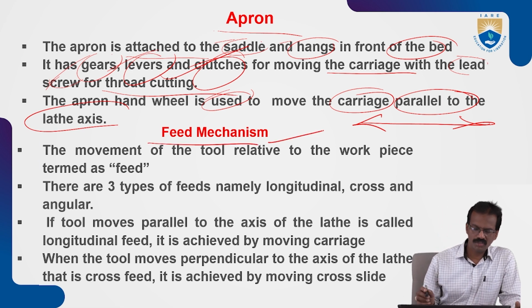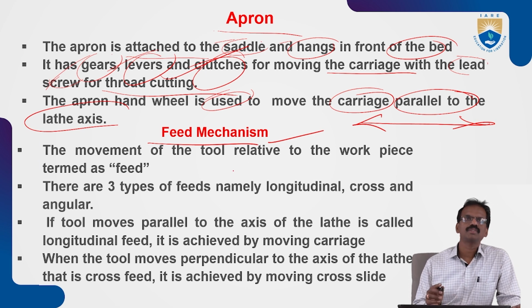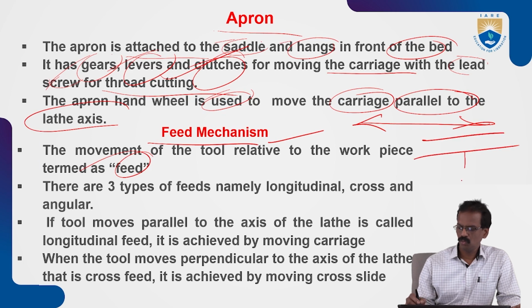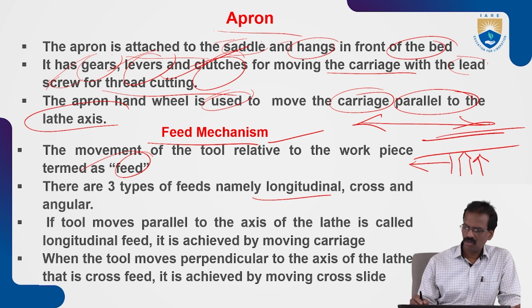So feed mechanism: the movement of the tool relative to the workpiece is called feeding. Okay, this is the tool bit, and the movement of this tool relative to the workpiece is called feeding. Okay. So there are three types of feeds. One is the longitudinal feeding, like this one. Another one is the cross feeding.